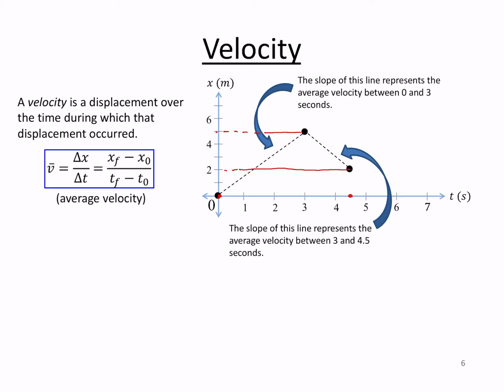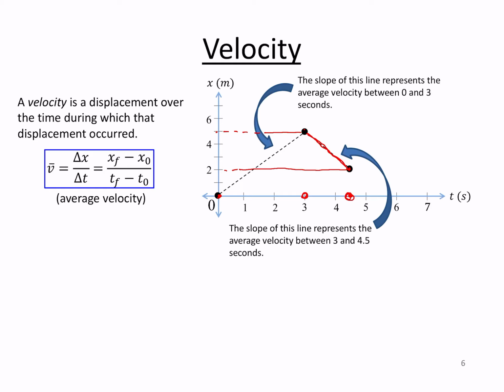But if we were just interested in the average velocity between 3 seconds, that second data point, and 4.5 seconds, this third data point, well, the slope of this line would represent the average velocity between 3 seconds and 4.5 seconds on our time axis.